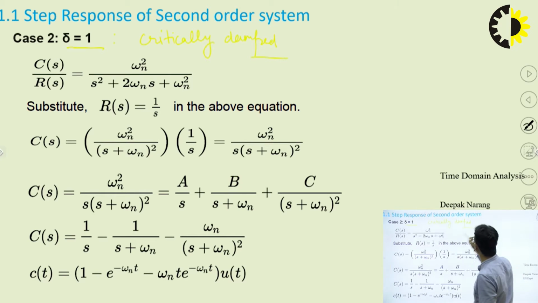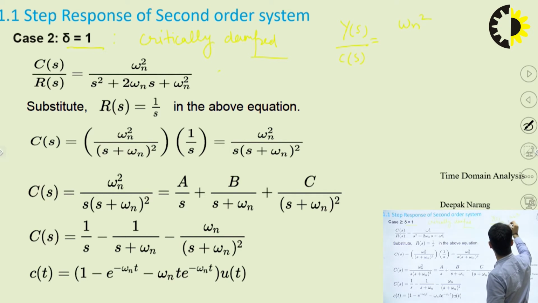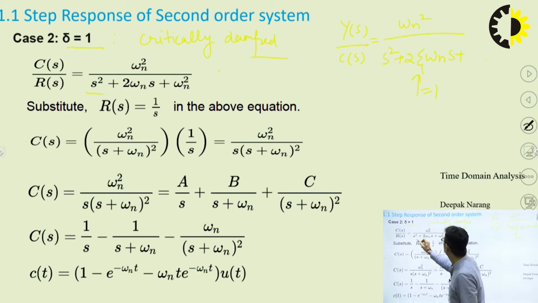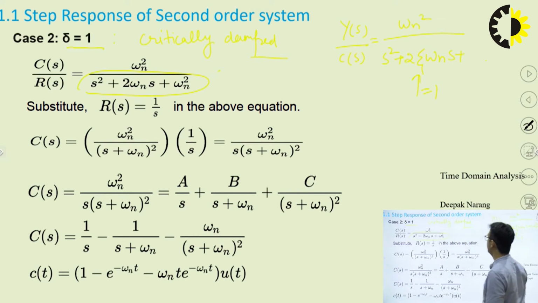When delta is equal to 1, if we put this value as 1, this becomes s square plus 2 omega n s plus omega n square, and this is nothing but a perfect square, (s plus omega n) square.